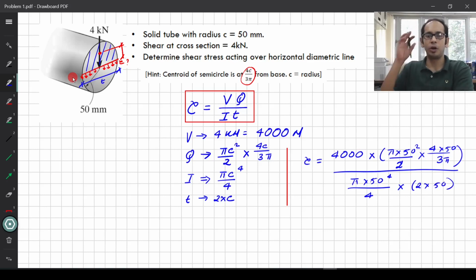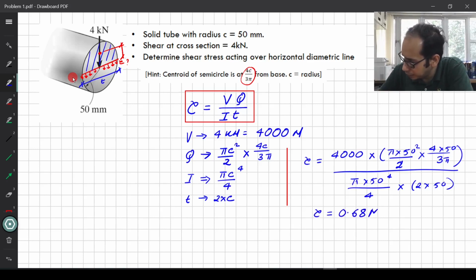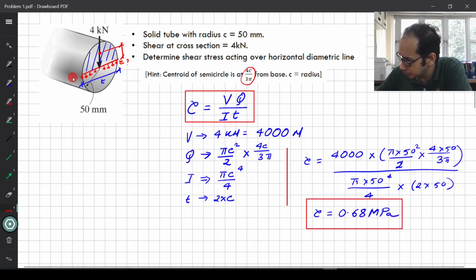If you plug all of these values in and punch in your calculators, you will get tau equals, I have calculated already, 0.68 MPa. So this is your answer.